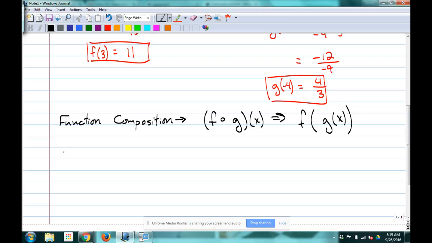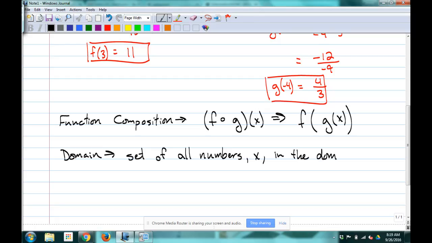Need to go ahead and define the domain here, because that's what we're going to do first. The domain of a composite function is the set of all numbers, and if we're talking about domain, what letter are we referring to? X, in the domain of g of x.